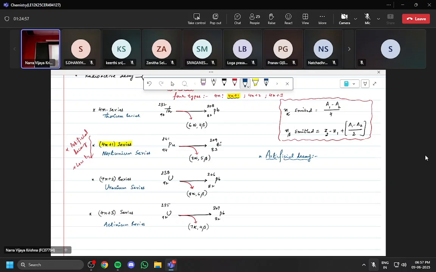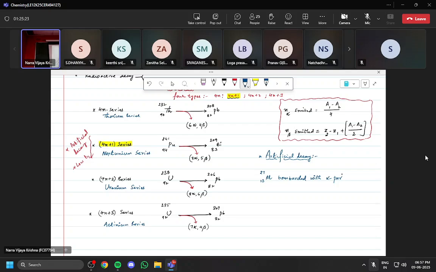For example, aluminium 13, 27 nucleus. Aluminium metal, when bombarded with an alpha particle. We did the alpha ray scattering experiment earlier, where we took gold foil.